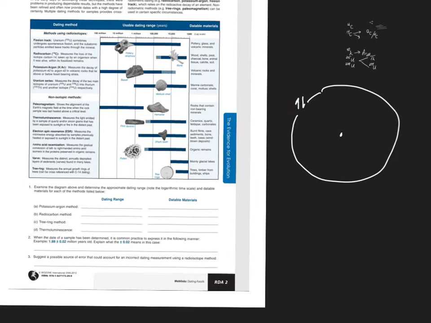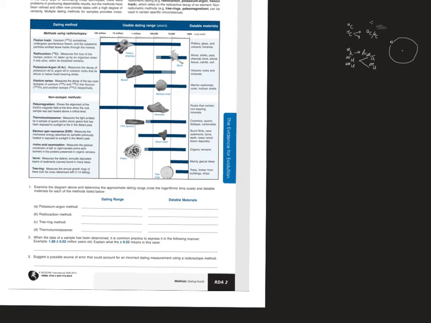So what they do is, in order to reduce that repulsion, they spin in opposite directions. I'm not going to pretend that I understand all the details here, but the electron spin resonance measures how much microwave energy was absorbed by the samples previously heated or exposed to sunlight in a distant past.